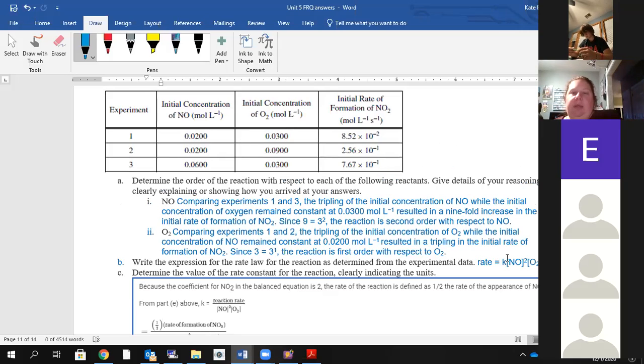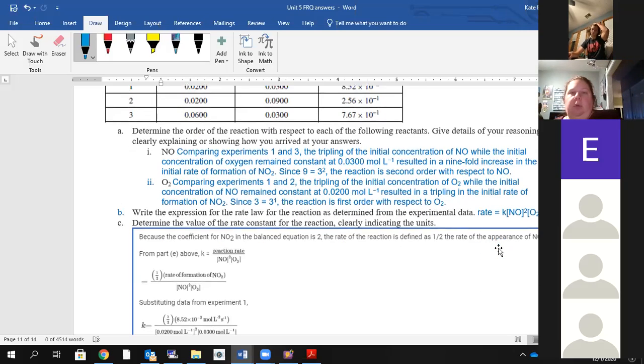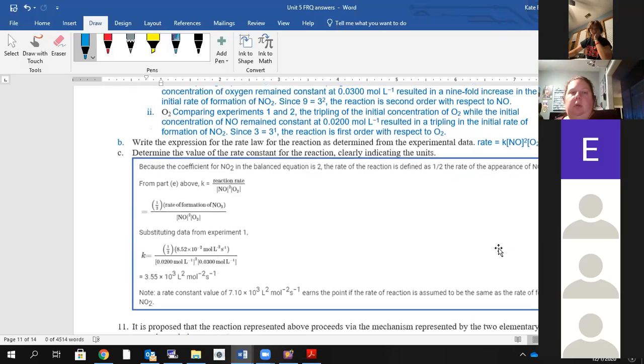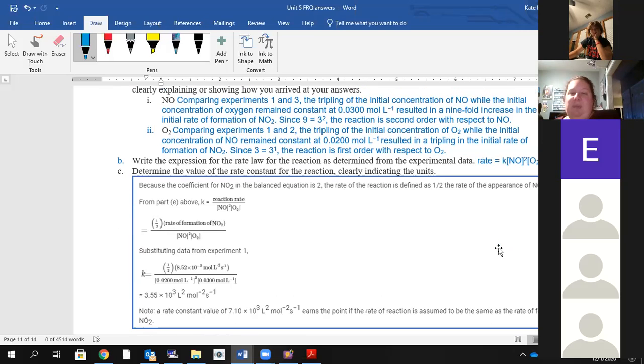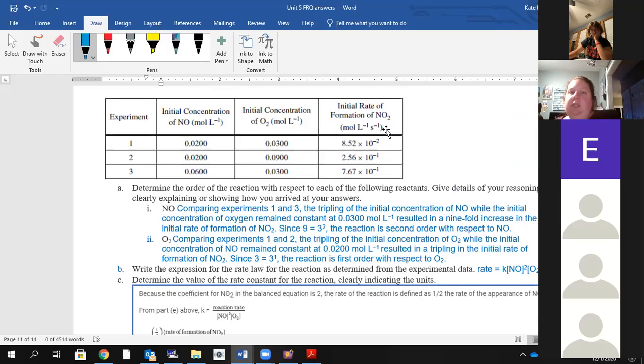So if we have our rate law, I think they made this way more complicated than they really needed to. Because notice that the rate in the data table is for the formation of NO2.